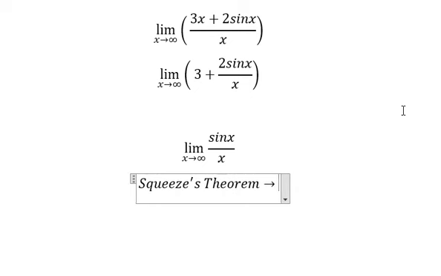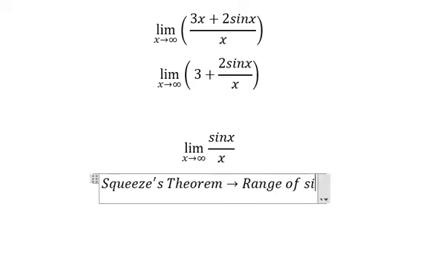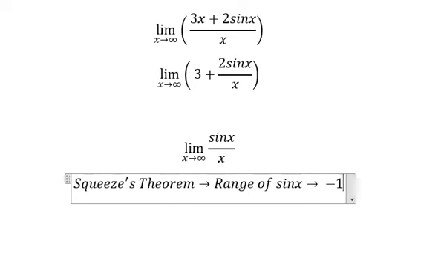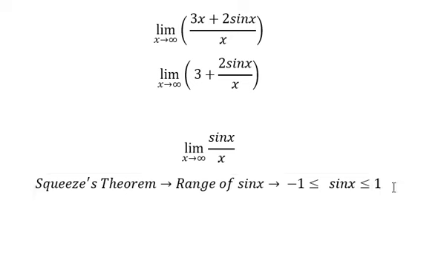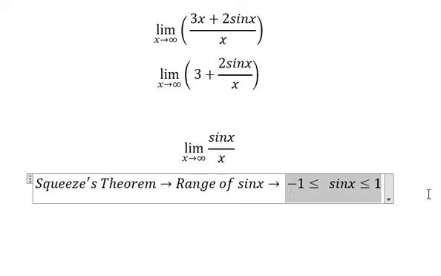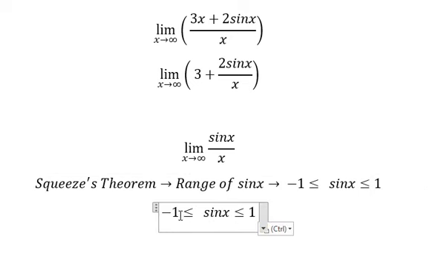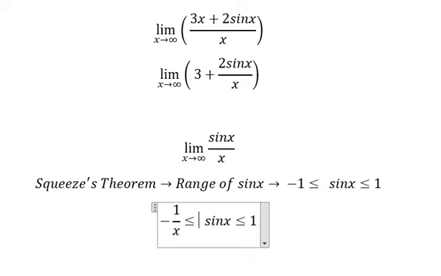We know that the range of sine x is from negative 1 to positive 1. Next, we divide by x on both sides.